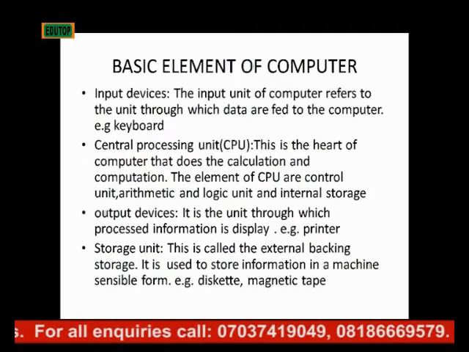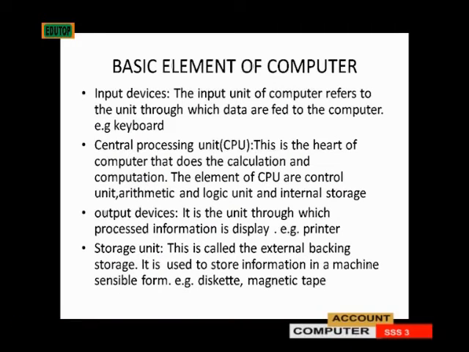Then we have the central processing unit, which is the CPU. This is the heart of a computer that does the calculation and the computation, and some logical calculation, and that is why you can call a central processing unit a system.